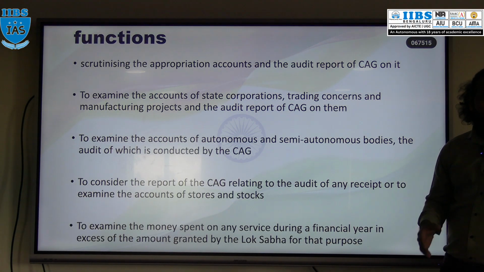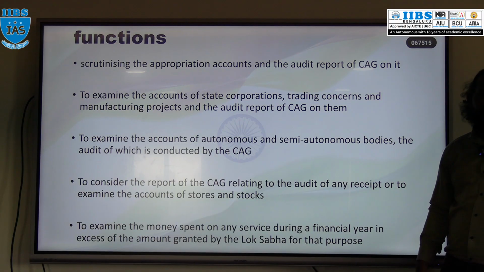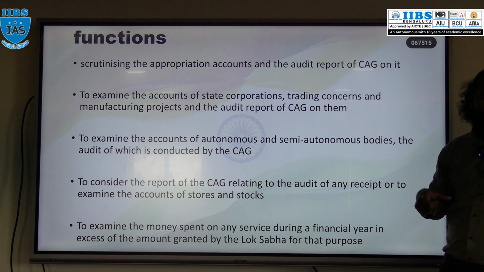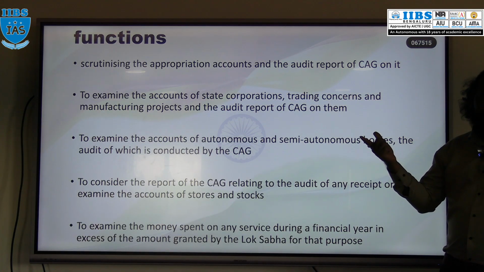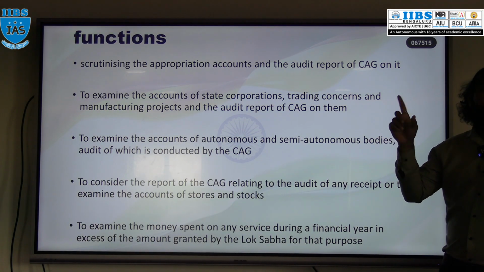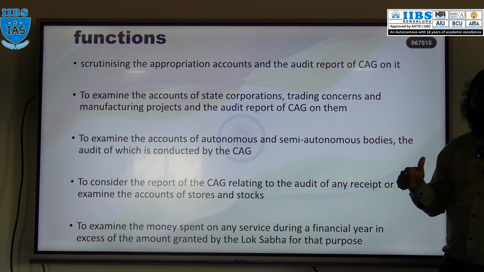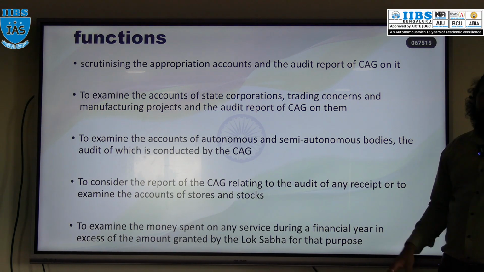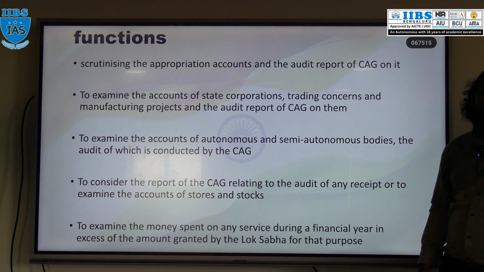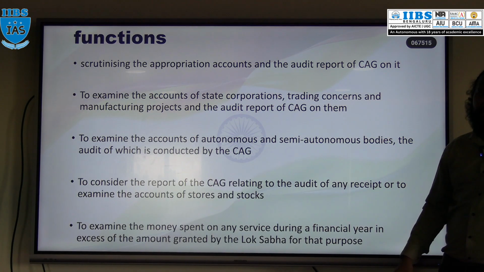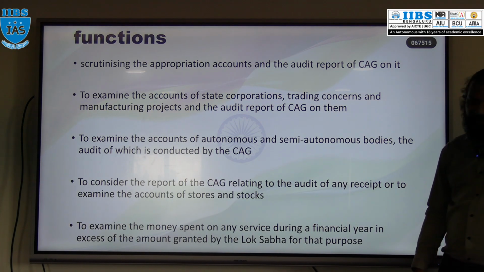Money is taken from the Consolidated Fund of India. Was that money taken for a particular purpose, and is it spent on that purpose or not? How much is incurred, how much is left? The CAG will audit and submit the report.